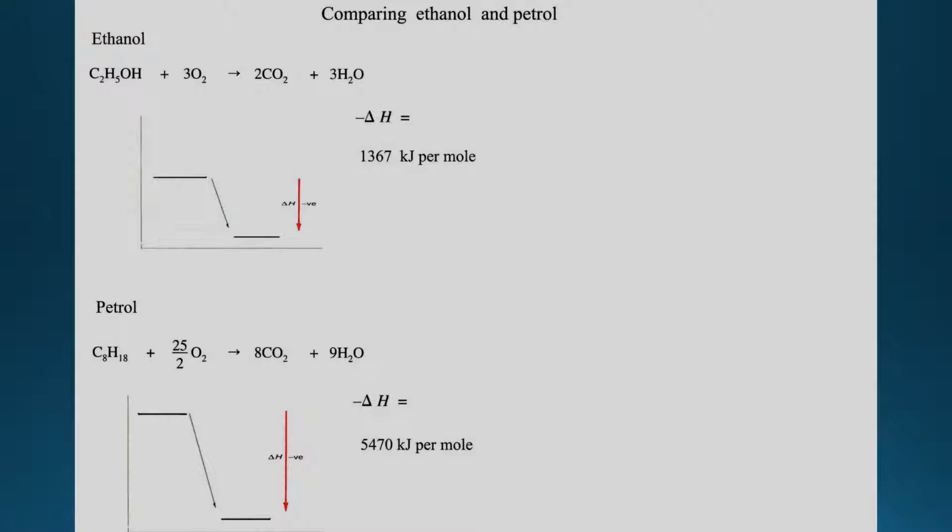Energy release is 5470 kilojoules per mole. On these two enthalpy graphs, which gives more energy? Obviously it must be petrol. How much more? Almost 3 times more. So you can say petrol is a lot better fuel than ethanol.